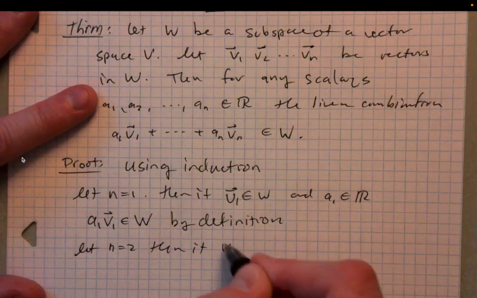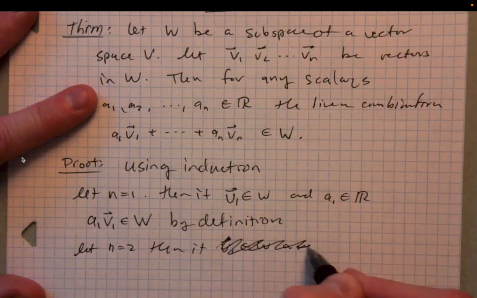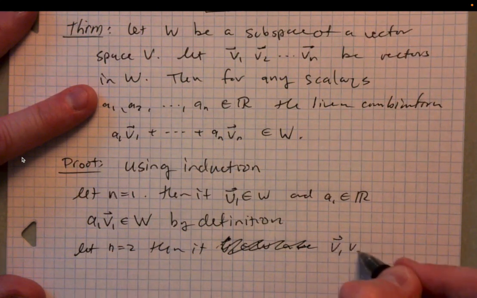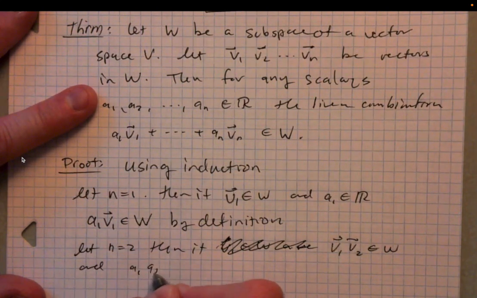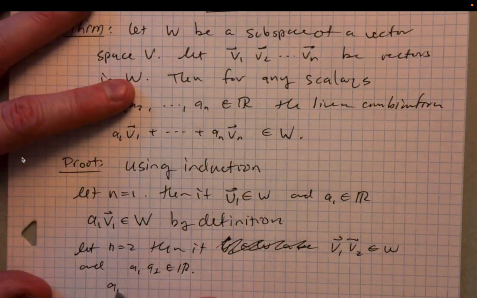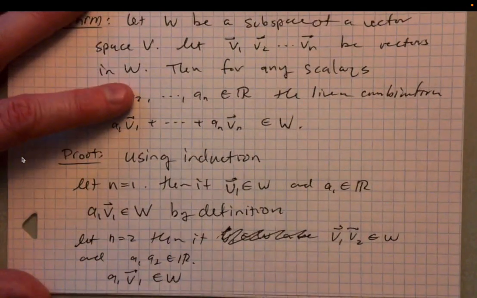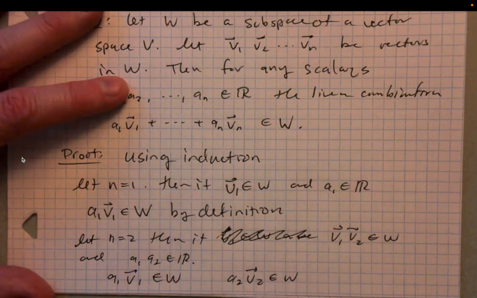Then if V1, V2 are in W, and A1, A2 are real numbers, well then A1 V1 is in W for the reasons we just said. A2 V2 is in W for the reasons we just said.